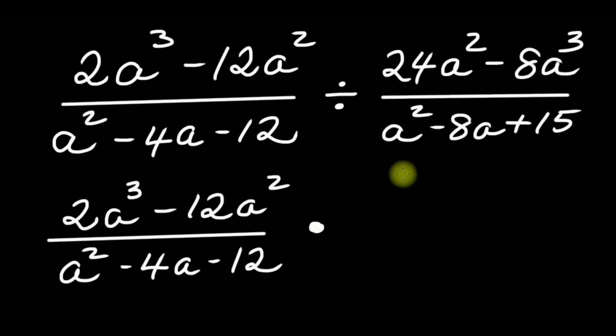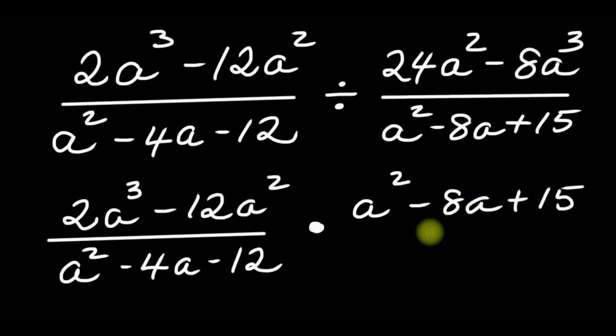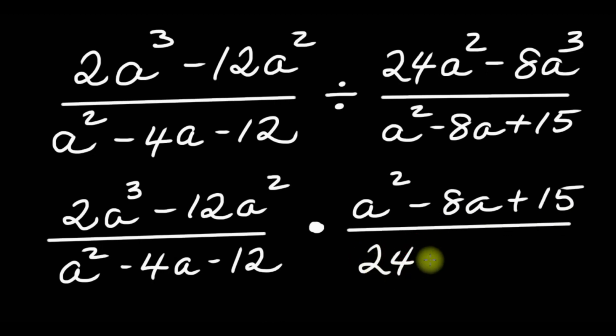Now, because we changed it to multiply, we have to take the reciprocal of the second expression. So that means you got to flip it. So a squared minus 8a plus 15 all over 24 a squared minus 8a to the third power.